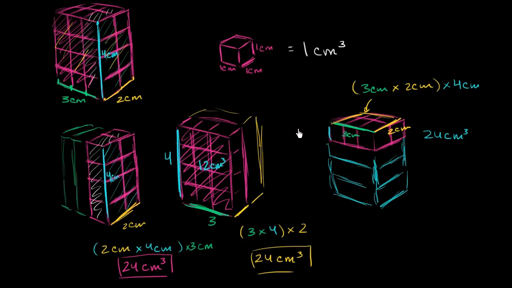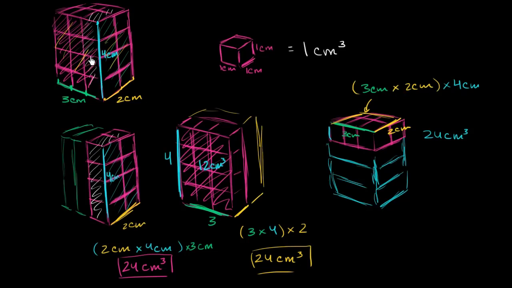But what it shows is it doesn't matter what order we multiply these 3 dimensions in. You could take the 2 times the 4 first and then multiply by the 3, or you could take the 3 times the 4 first and then multiply by the 2, or you could take the 2 times the 3 first and then multiply by the 4. When you're multiplying, it doesn't matter what order you're doing these in.